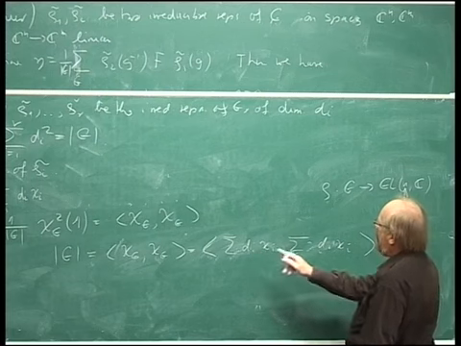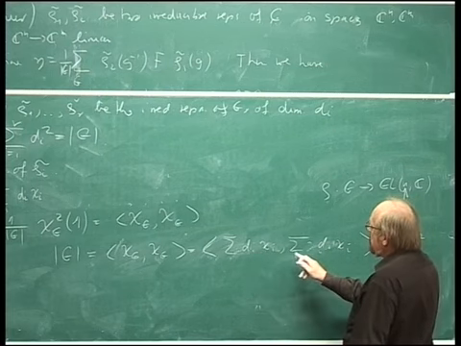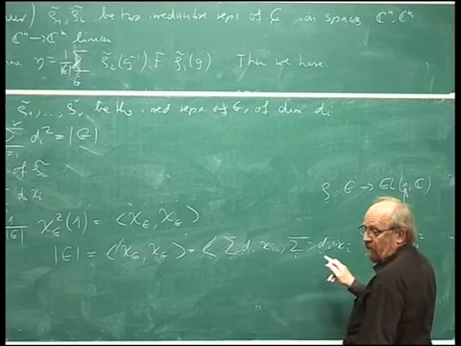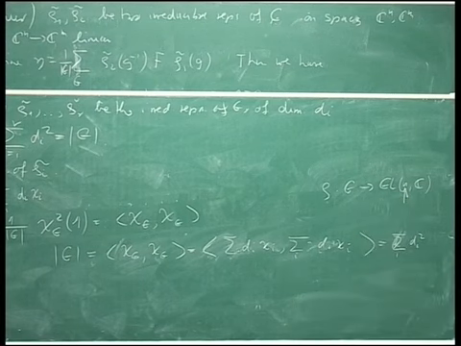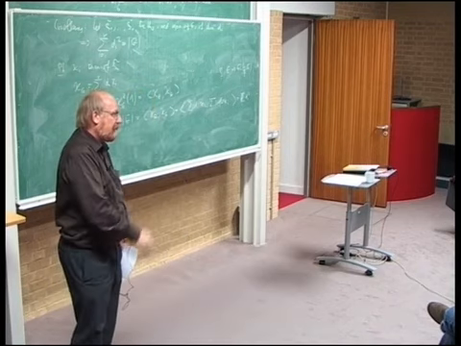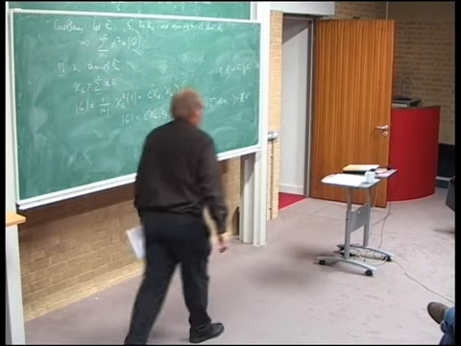I should write d_i times d_j times delta_ij, and so this is the same thing as this here. And so this is how the formula comes into existence.